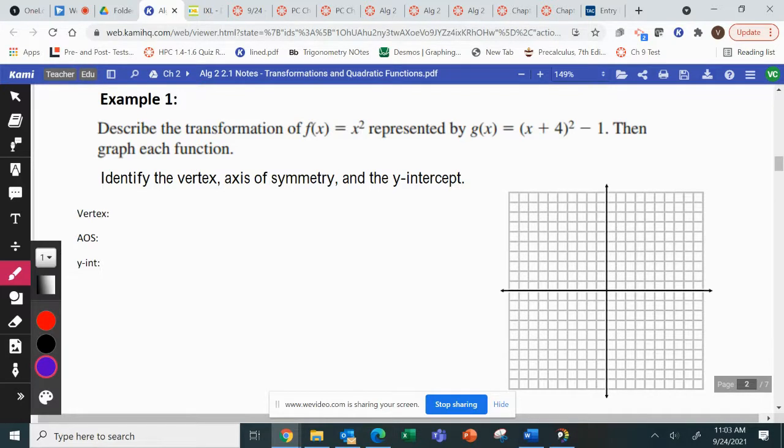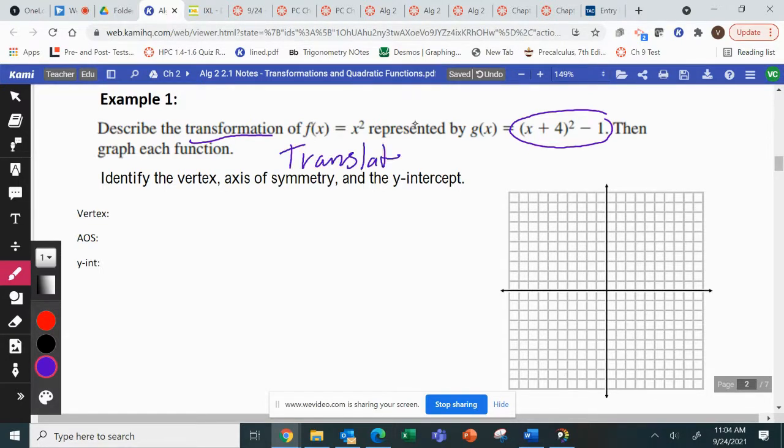Anyway, back to this. Let's describe the transformation. So looking right here, what transformation or transformations do we have? Amelia. What to the left? No. What's the special fun word? Translate, yes.